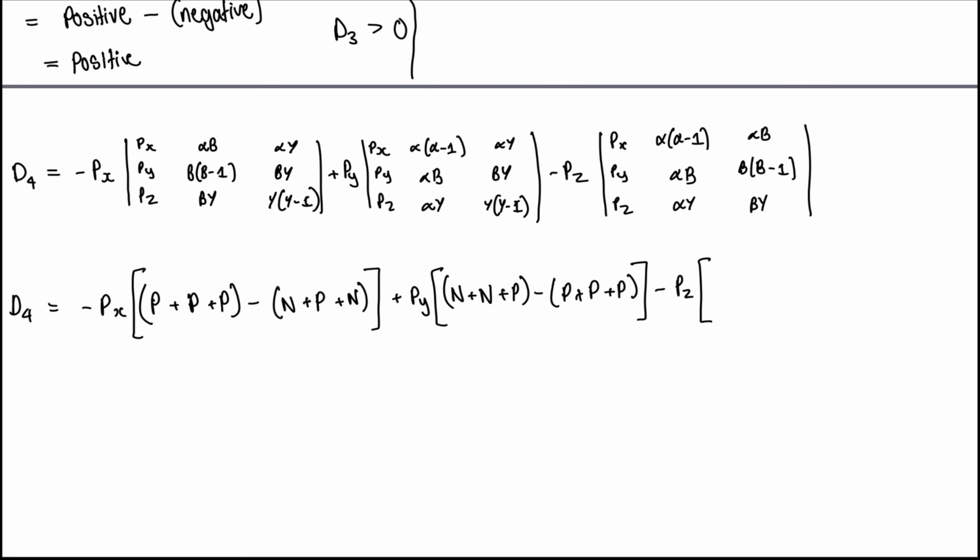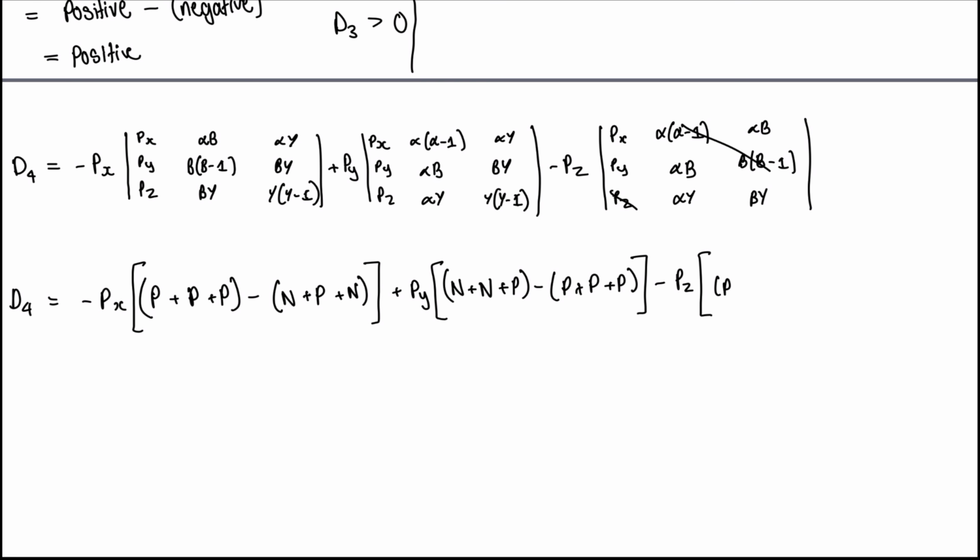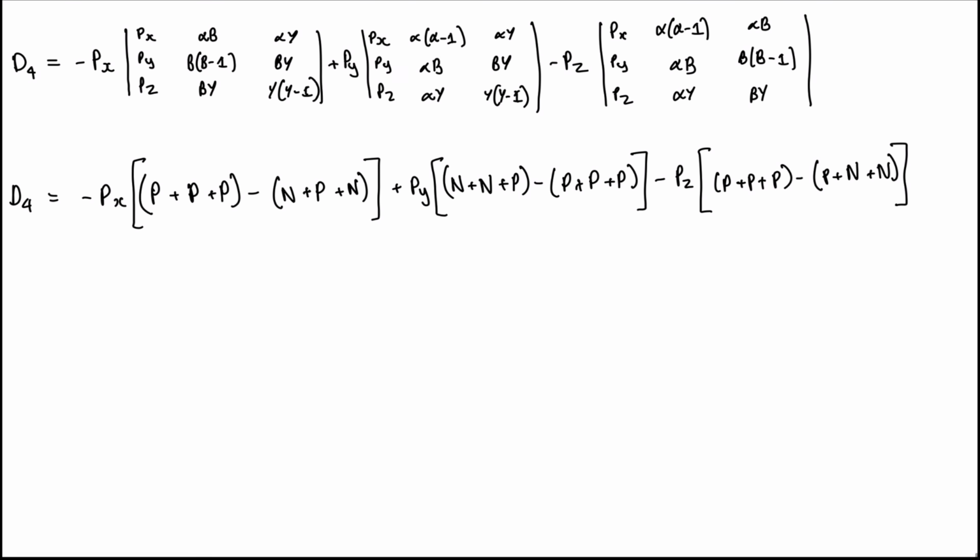These three times make a positive. These three times together make a positive. These three times together make a positive as well. We are subtracting that from these three, which make a positive. These three make a negative, and then these three also make a negative. Cool.